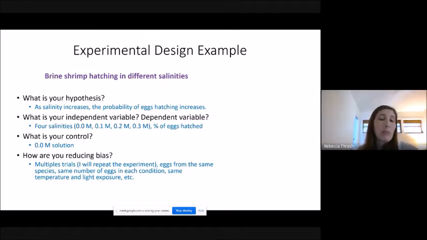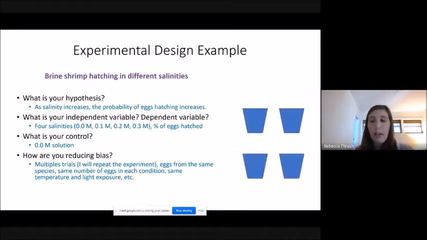I'm going to use the same number of eggs in each salinity condition, and I'm going to keep all other variables constant, like temperature, light exposure, water flow, anything else that you happen to be doing in your experiment.